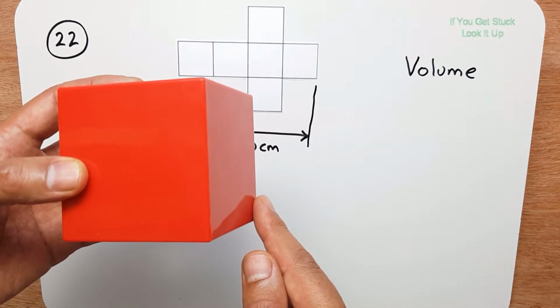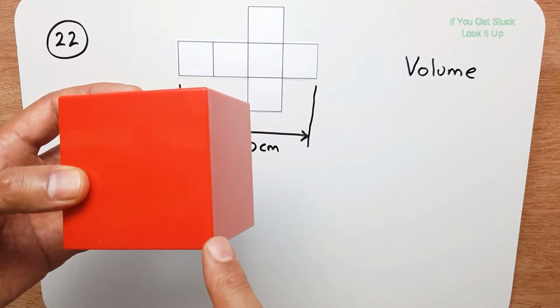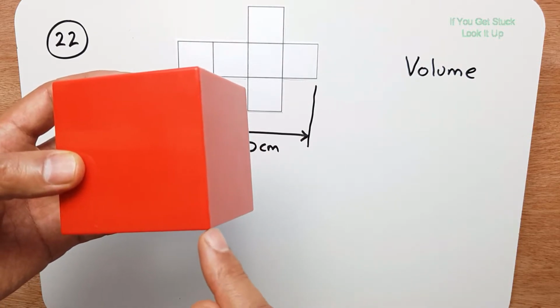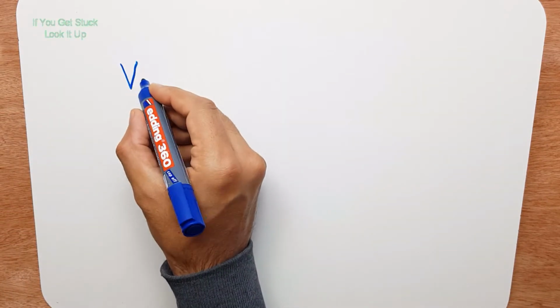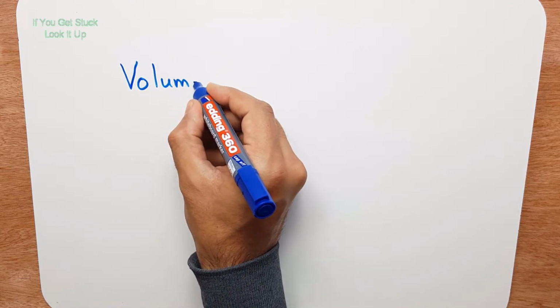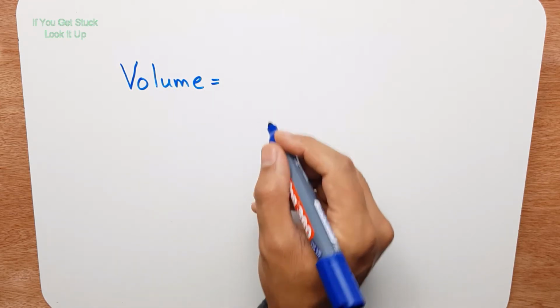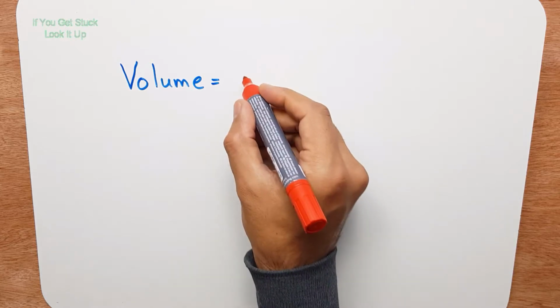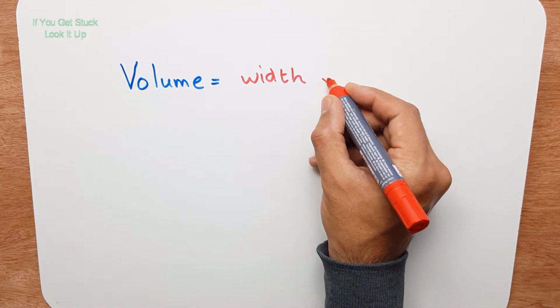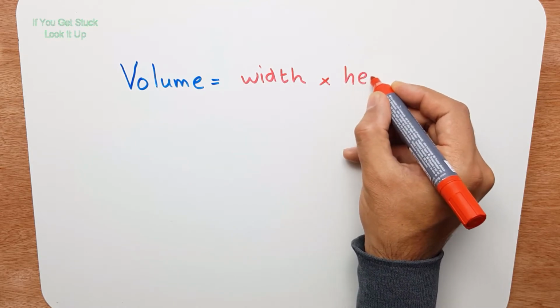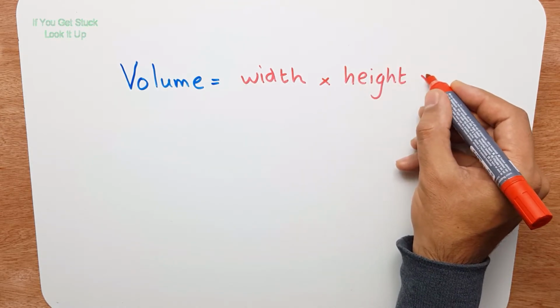And because it's a cube, the width, the height, and the depth are all the same. So to calculate the volume, let me just write that down. Volume, you multiply the width by the height by the depth.